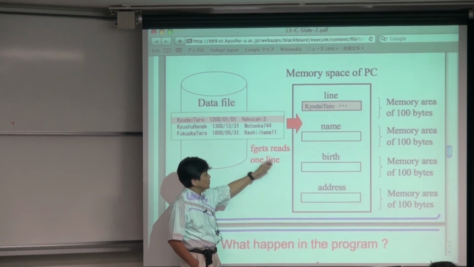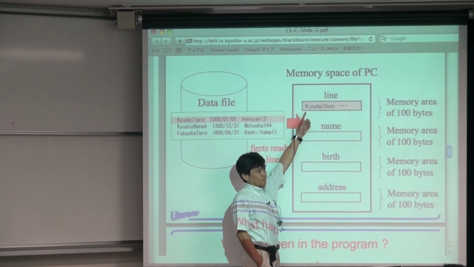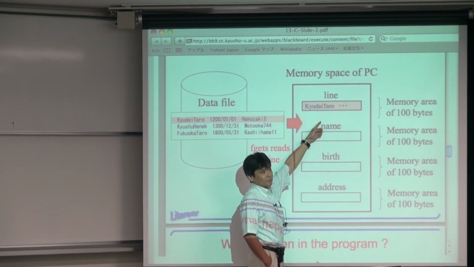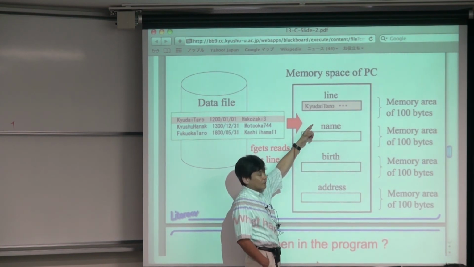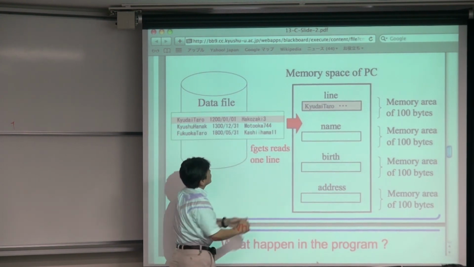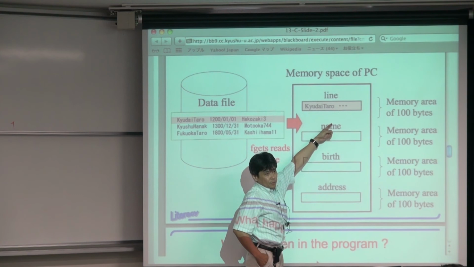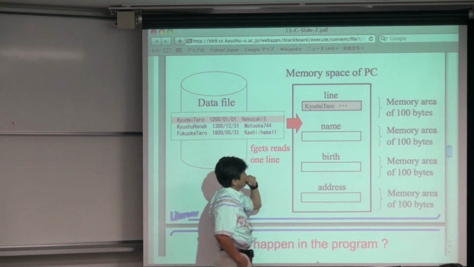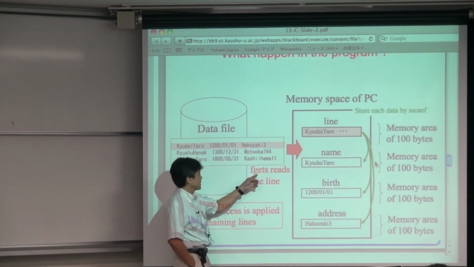Okay. So in the physical memory of your computer, you are storing the data of the line variable. Line is a variable name. And this data will be stored in these areas in the physical memory. And after that, I made a mistake.